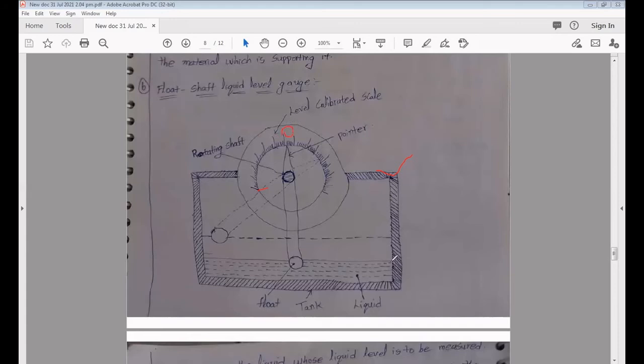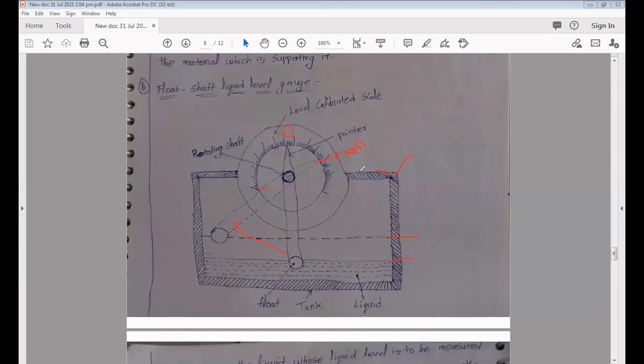Whenever we raise the liquid level up to here, automatically the float will move with a certain angle. According to the angle only, it shows a certain reading. So whenever the float moves to the left-hand side with a certain angle, the pointer will show at this particular maximum point. Maybe this is 10 meters or 20 meters according to the graduated scale.